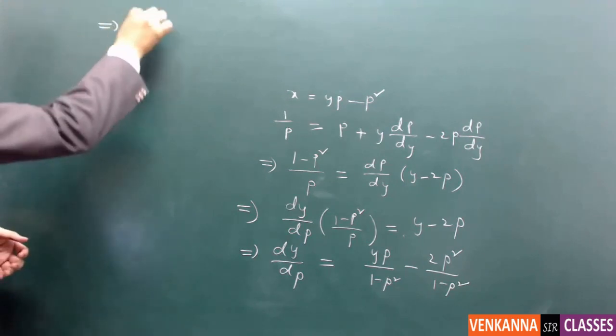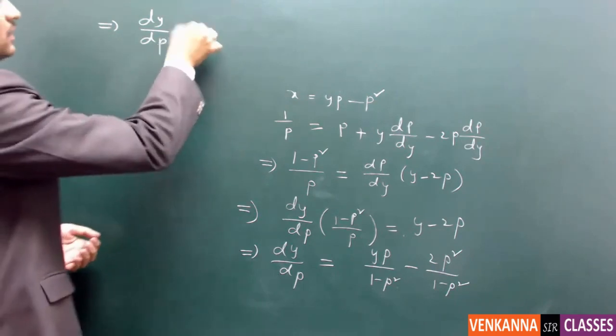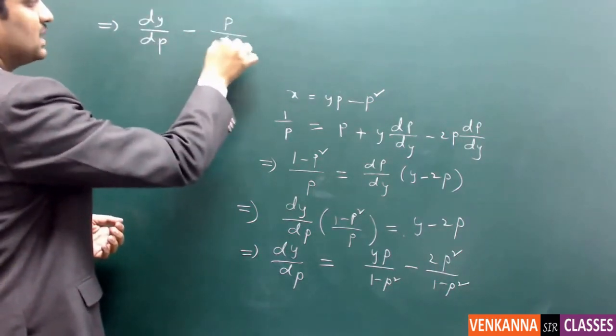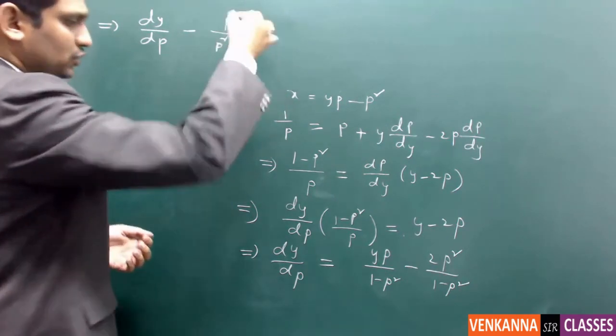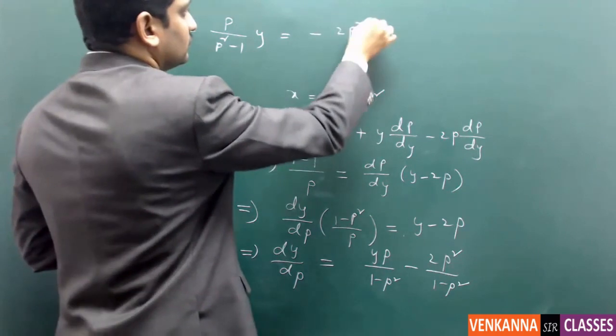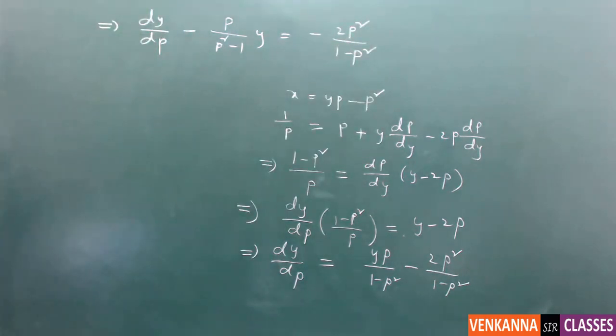Then it implies that dy by dp minus p by p square minus 1 into y. Now we are going to apply the integrating factor.